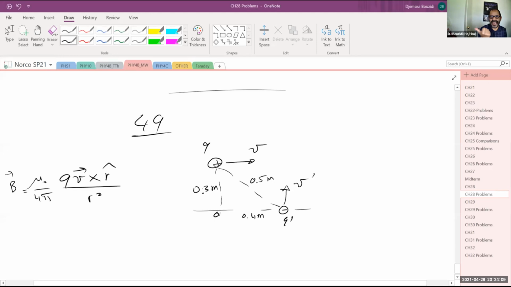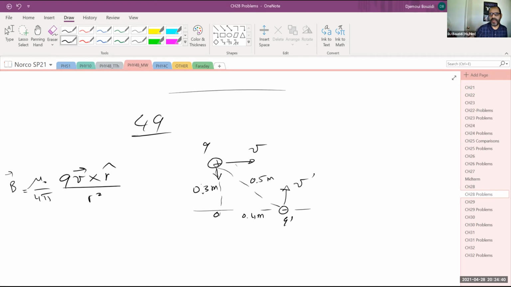The V in here is along the x-axis for the positive charge. And the r hat is actually in the negative j hat direction. And the magnetic field is going to be, in this case, in the positive direction, okay? No, I'm sorry, it's in the negative direction.